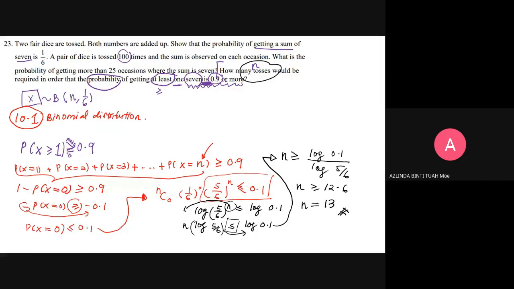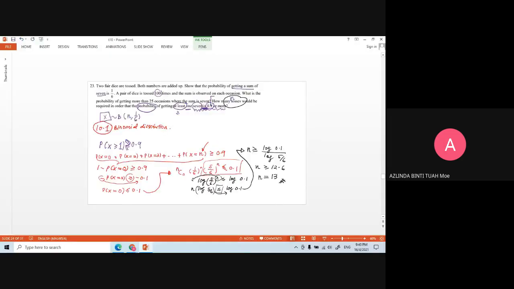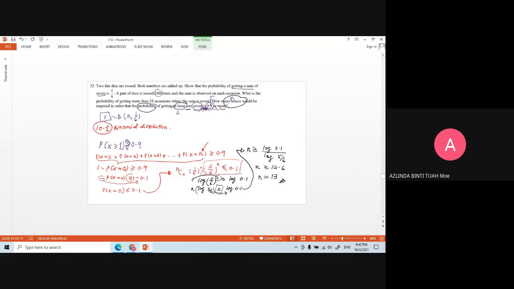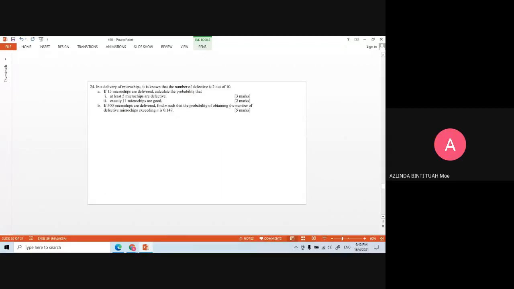Sebab jawapan mesti dalam bentuk integer. Oh, dah 9.40 dah. You want to continue by yourself or you still need a few examples to discuss? Please respond. Ni madam, 25. Sharon dia dah siap sebab 25 tu.